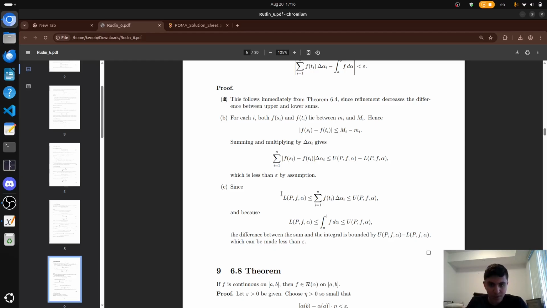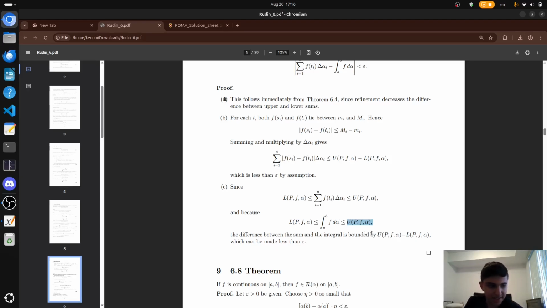That means these two things lie between these two things. Subtract them, and you're going to get that the subtraction of these two things is less than or equal to UPF alpha minus LPF alpha, right?